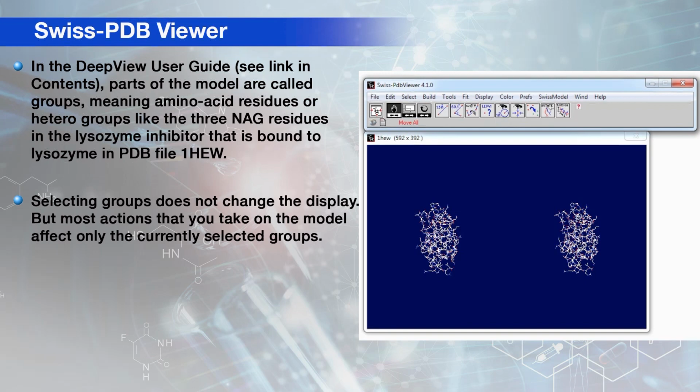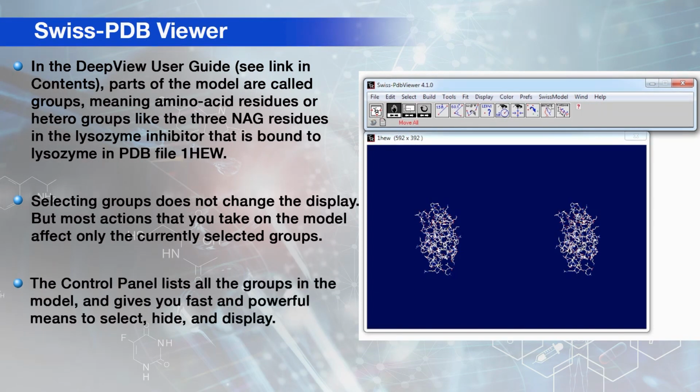Selecting groups does not change the display, but most actions that you take on the model affect only the currently selected groups. The control panel lists all the groups in the model and gives you fast and powerful means to select, hide and display.